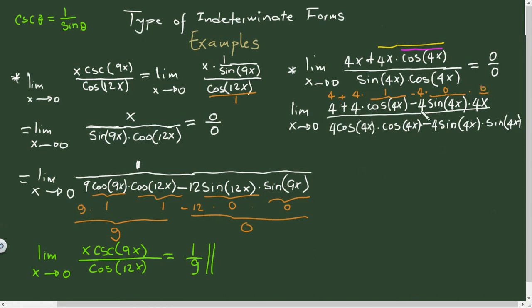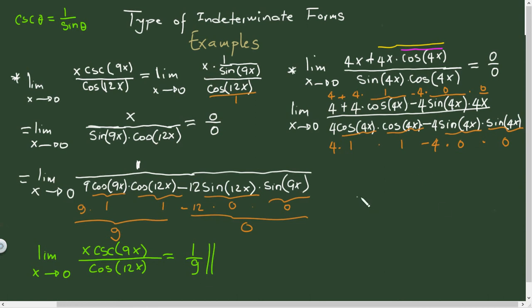So the whole numerator is 4 plus 4. What about the denominator? We put in 0 here, we get 4 first of all, times, plug in 0 here, it gives me 1. And plug in 0 here gives us cosine of 0 is 1 again, minus 4 times the sine of 0 is 0, and the sine of that other is 0. So we have a 4 here minus 0 times here and times here minus 0.